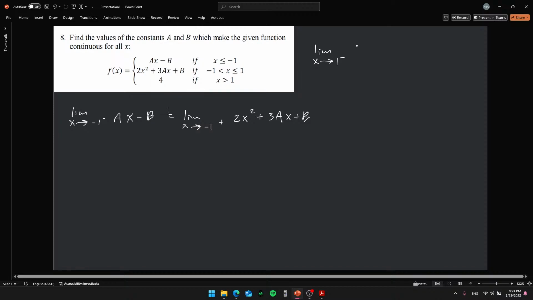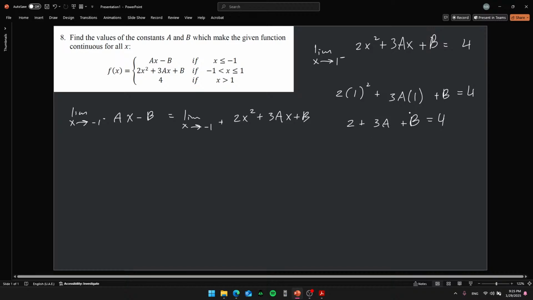The limit as x approaches 1 from the left of 2x squared plus 3ax plus b equals 4. Now, let's substitute 1. So 2 times 1 squared plus 3a times 1 plus b equals 4. So 1 squared is 1, times 2 is 2, so 2 plus 3a plus b equals 4.